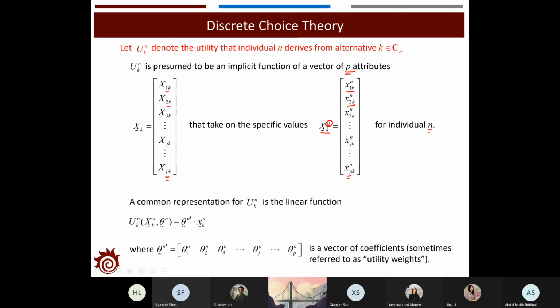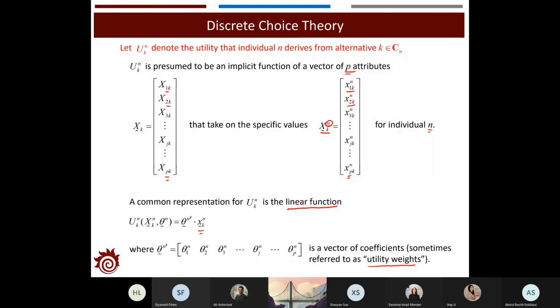Usually, to estimate the utility, we can use the simplest function, which is the linear function, assuming that the utility is a linear function of the attributes. In this function, theta is the coefficients we have to estimate or calibrate from the observations. This is also defined as the utility weights.